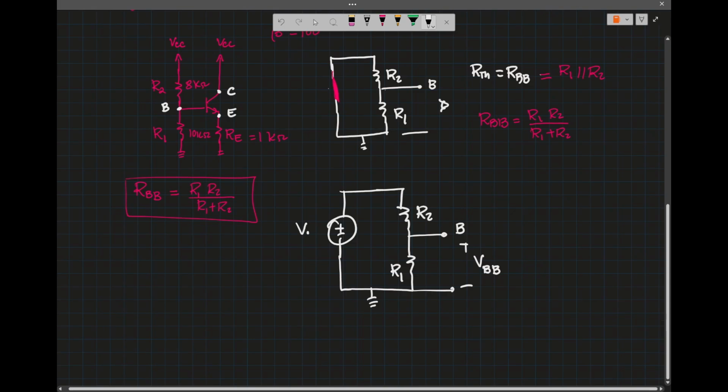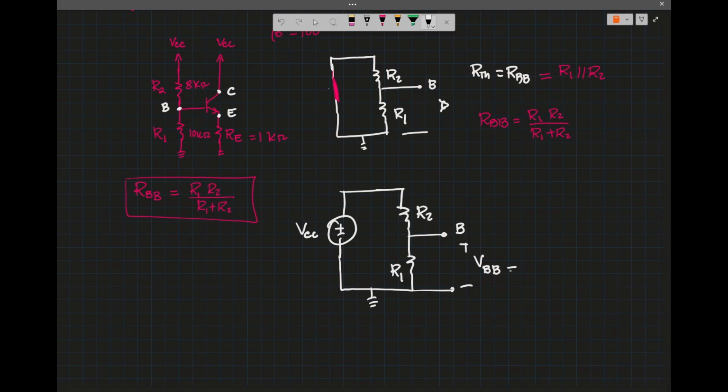Because we have a series network, we could just do voltage division, which is R1 times VCC over R1 plus R2. So VBB is equal to R1 times VCC over R1 plus R2.